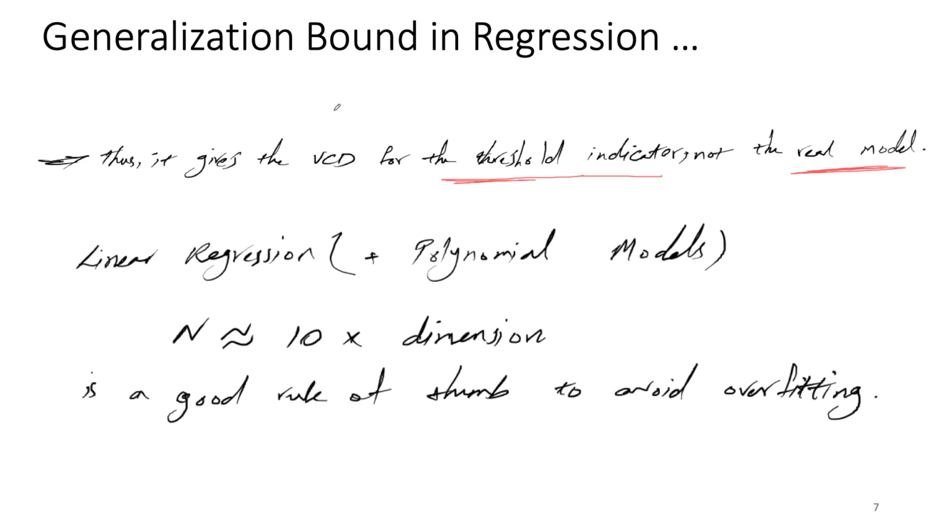Also, just like the previous case, normally in practice, if your n is around 10 times the dimension, it's a good rule of thumb for avoiding the overfitting problem. All right? So now that we see VC dimension is not a good tool to understand the complexity, let's talk about bias and variance in this couple of lectures.